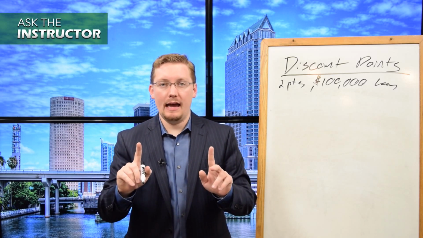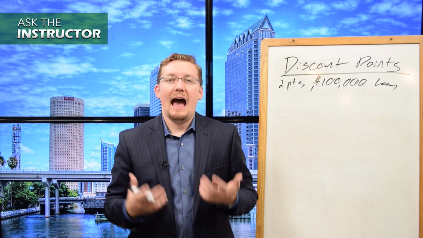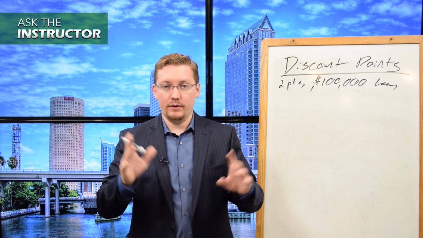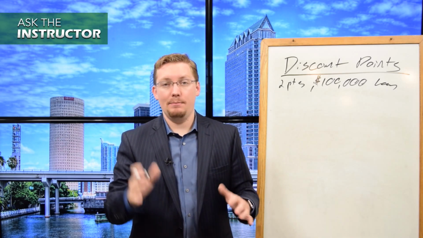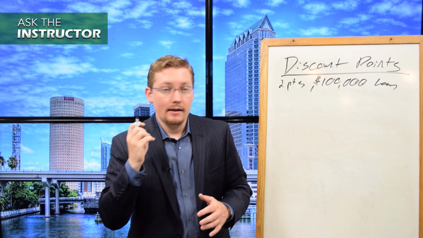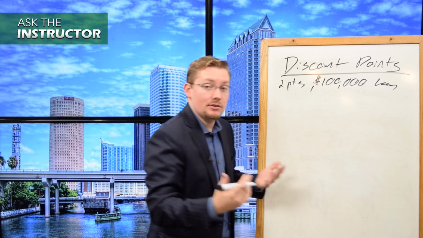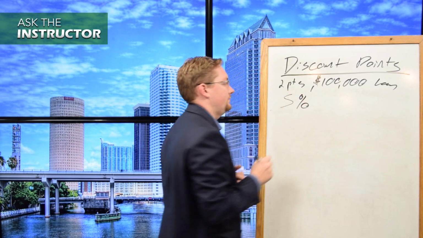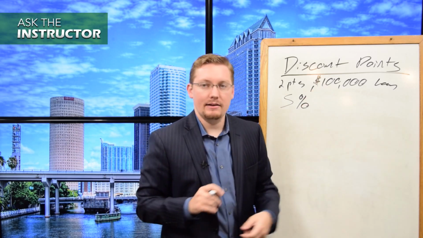That's one way to look at it, but your client is probably going to be more concerned with, hey, how does this affect my interest rate? What would my interest rate be in a perfect world where this is all equal to one another? But if we didn't pay any discount points, how much higher would my interest rate be? So what we need is the interest rate. Let's say we have a 5% interest rate, 2 points, and a $100,000 loan.